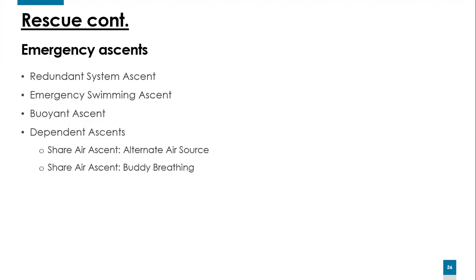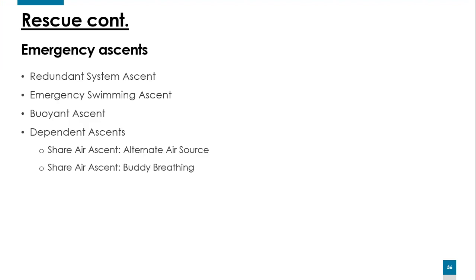This is used when something's wrong and you probably can't swim to the surface, but because of the lack of control during the rate of ascent, a buoyant ascent is considerably more risky and should be used only if you cannot swim to the surface. Okay.